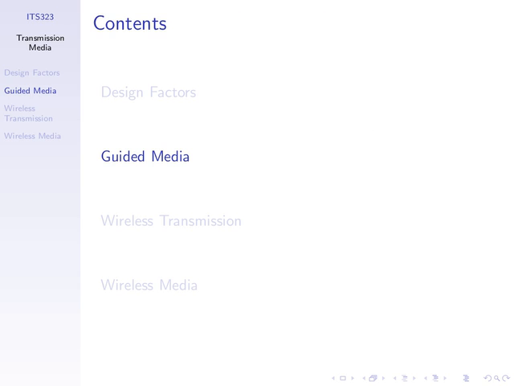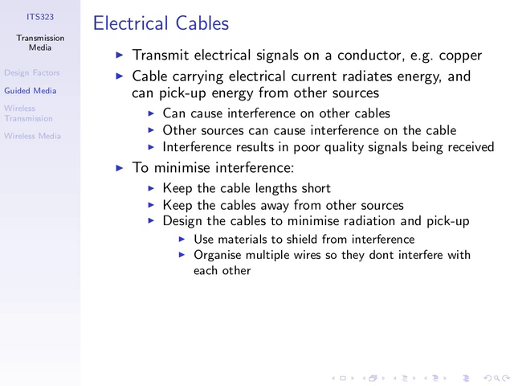We're going to talk about those three technologies as examples of guided or wired media: twisted pair, coaxial cable, and optical fibre. And then we'll go through different aspects of wireless transmission. First, let's talk about using wired media, sending electricity across electrical cables.